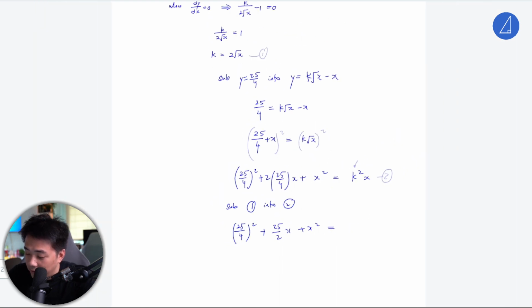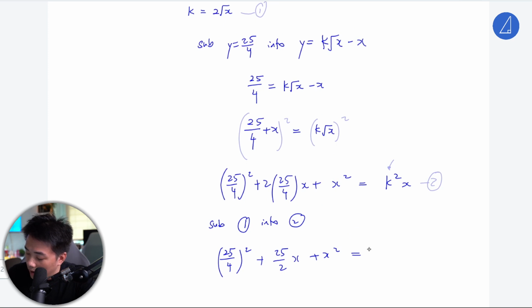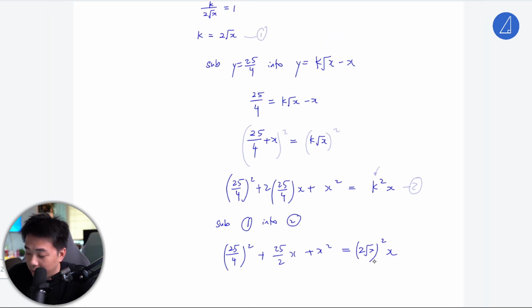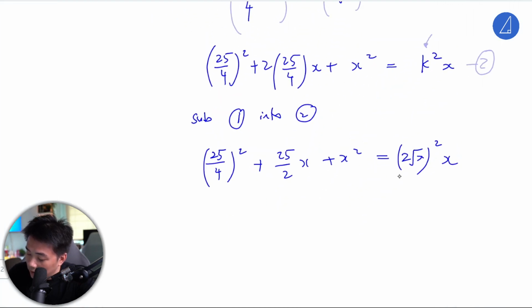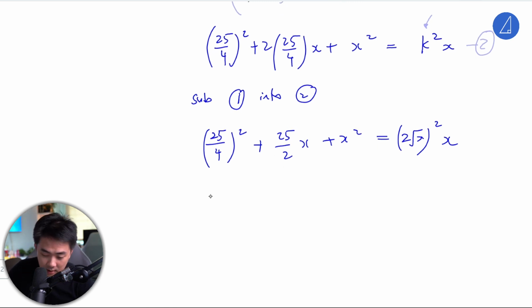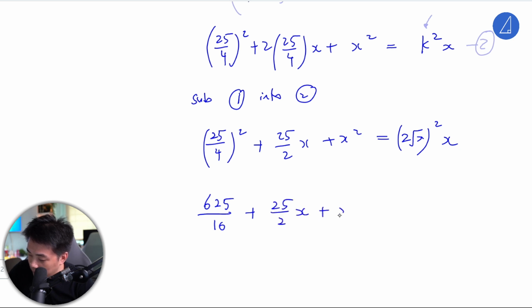Now the reason why I want to substitute that in is because root x squared over here is x. After which we could actually solve for the x coordinate. That's the whole idea there. So this is a huge number, 25 squared over 4 squared. Maybe I'll just write down 625 over 16 plus 25 over 2 x plus x squared.